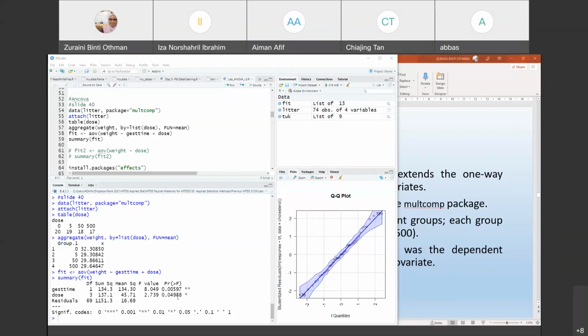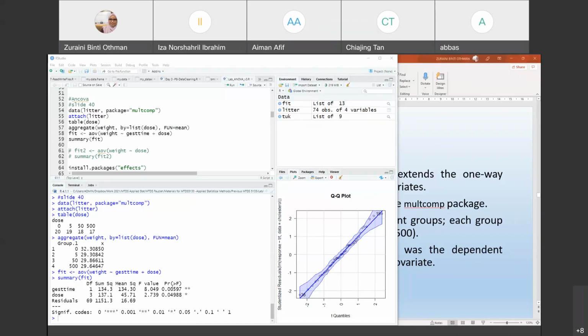And drug dosage was related to birth weight after controlling for gestation time. We can see that these two p-values are smaller, which means they give a significant impact. Then the mean birth weight isn't the same for each drug dosage after controlling for gestation time.